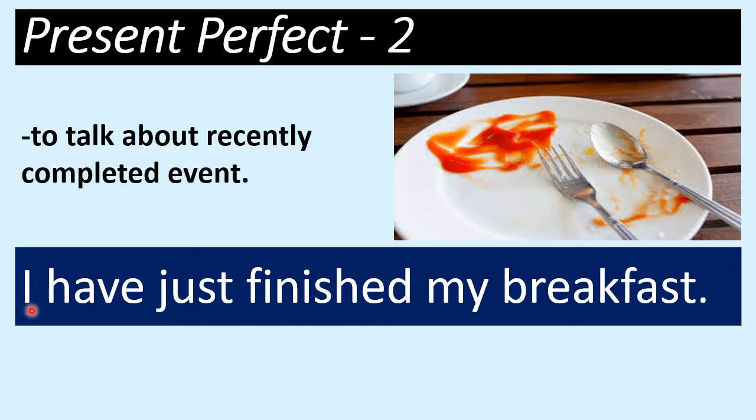So I should use present perfect. I have just finished my breakfast means I have not taken my lunch yet. It's still breakfast time. It's still not the lunch time. So I should use the present perfect tense.